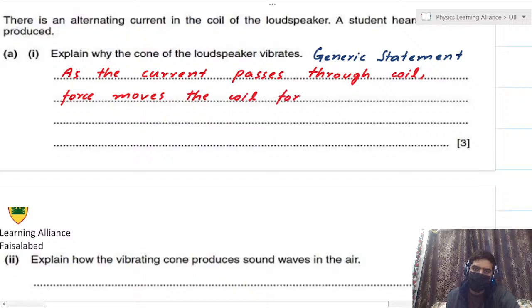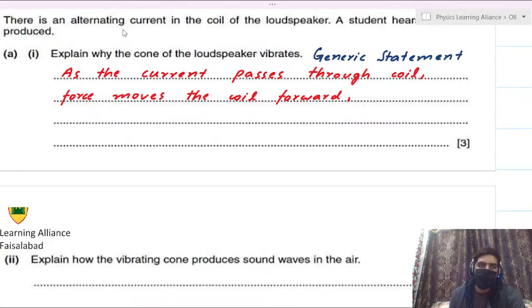Let's call it forward. It may not necessarily be forward, but we just write it for reference. For the first case it would be forward, and then as the current changes direction. And how does the current change direction? Because it is AC current, alternating current.